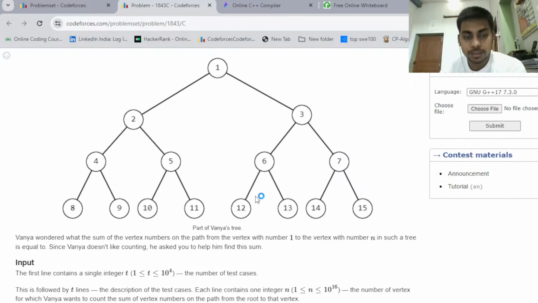If they give input something like 11, then from 11 to 1 you can see there is a path from 11 to 5, 5 to 2, and 2 to 1. So we have to find the sum of this path. If they give something like 13, then we have to find the sum of all the node values, that is 13 plus 6 plus 3 plus 1.